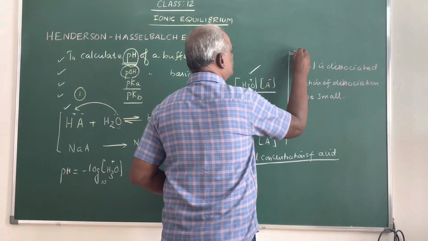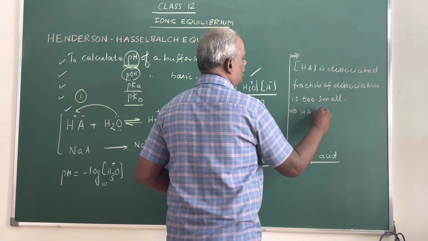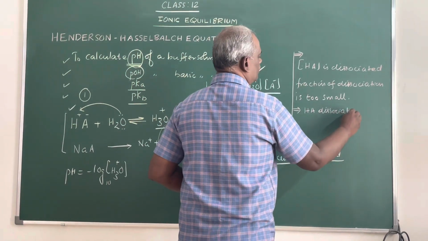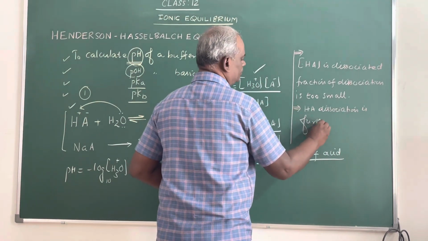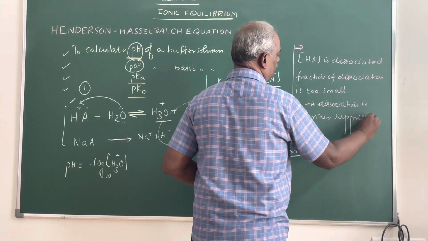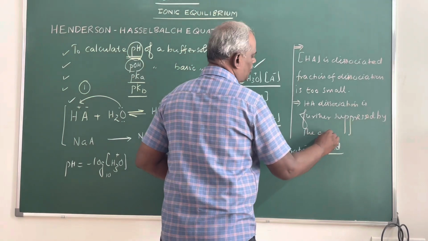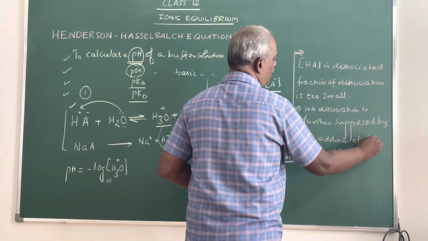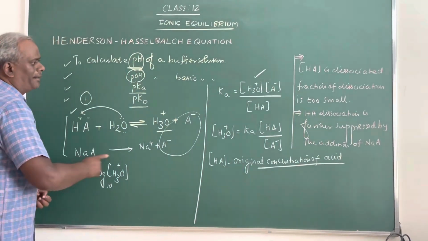Apart from this, the HA dissociation is further suppressed by the addition of NaA, which means the stronger electrolyte, the common ion.